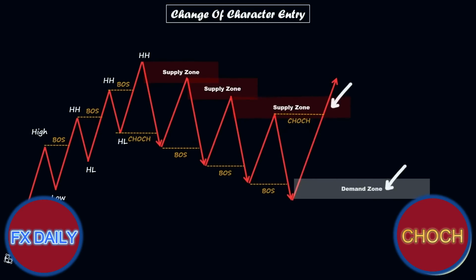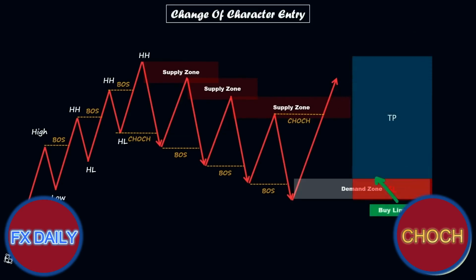As we said before, whenever a zone is broken, a new zone is formed in the opposite direction, so a new demand zone is formed. Taking this into consideration, entering a buy trade from this region is a good choice with a high probability of success. There is a high possibility that the price will return to this area again, react to it, and then change its direction upwards.